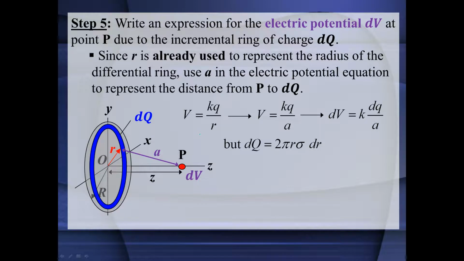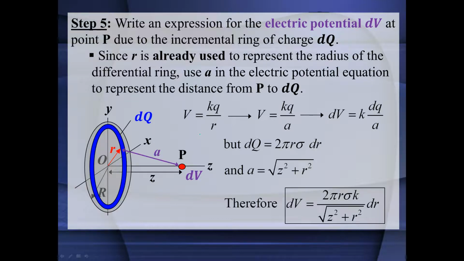We're going to do a couple of substitutions. One, we're going to substitute in the equation for dQ that we derived in a previous step. So that's 2 pi r times sigma multiplied by dr. And we're also going to replace the lowercase a, which we got from the Pythagorean theorem, where a is equal to the square root of z squared plus r squared. We'll plug both of those into the equation for dV, replacing dq and a.